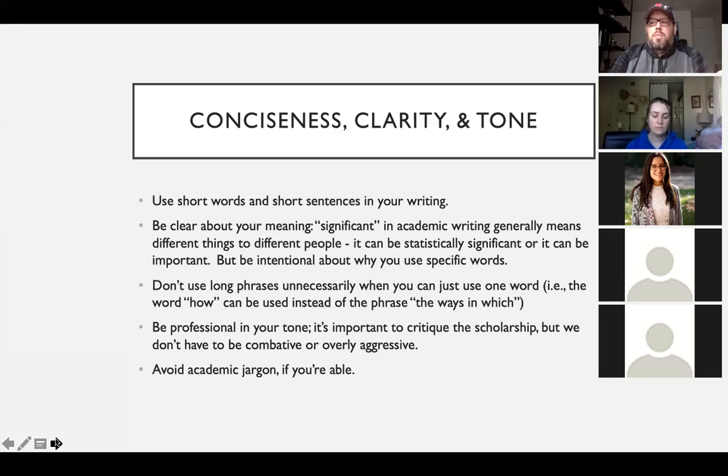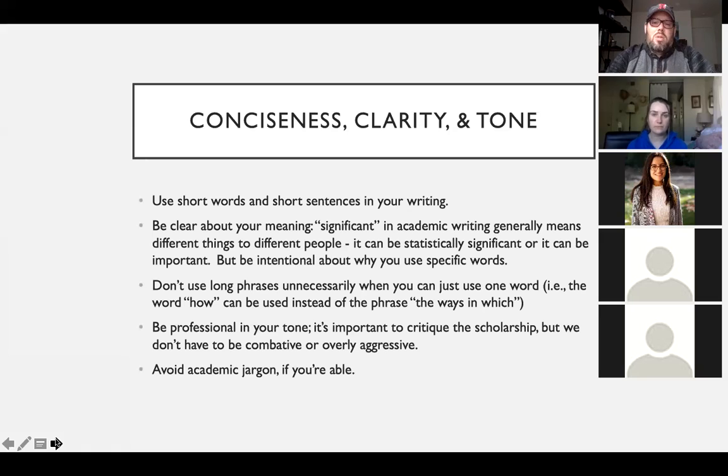And so sometimes findings are shown to be significant if there is a high relationship or a test of statistics demonstrates that there is some importance there. For others, using the word significant just means that it's important. And while they are similar, there is a distinct difference between those two things. And so you do want to be intentional about the words that you're choosing and why you're choosing those specific words.